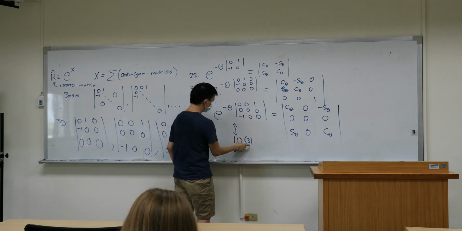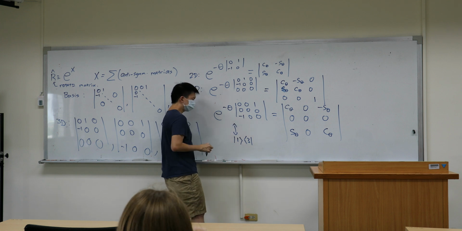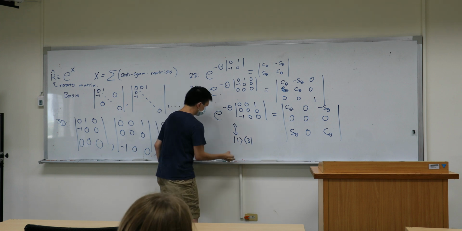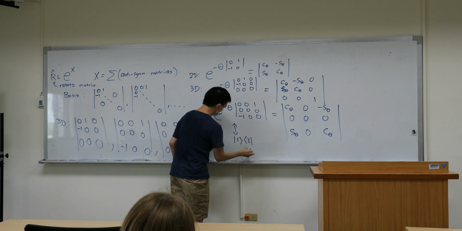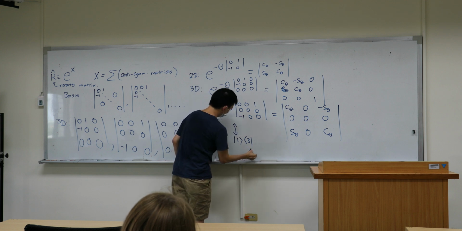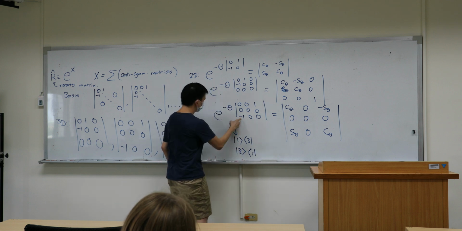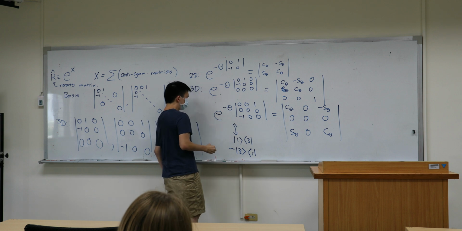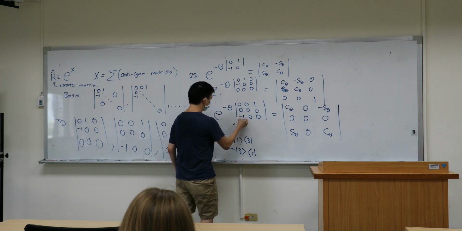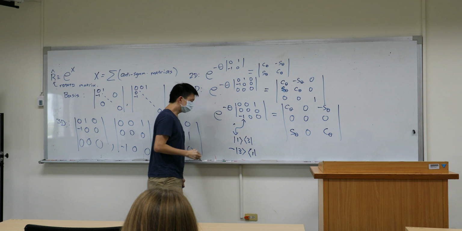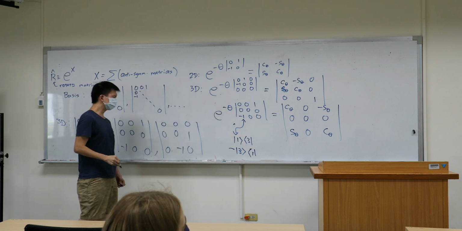It acts on the third axis and returns you the first coordinate. And then what this one does is act on the first coordinate and give you back, with a minus sign, the third. This is what this operator does. If you know your linear algebra, this is what it does.